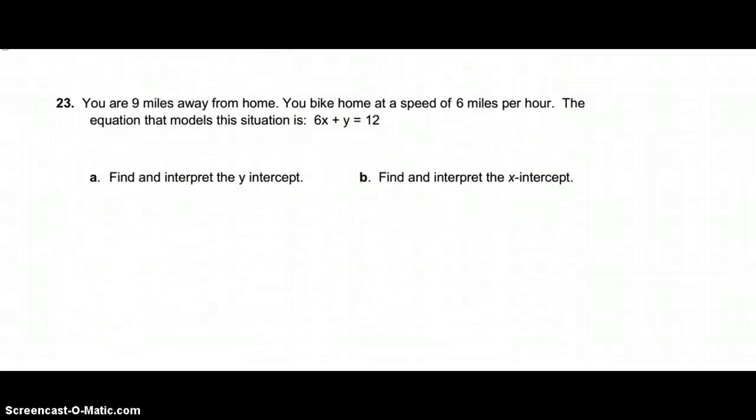23. You are 9 miles away from home. You bike home at a speed of 6 miles per hour. The equation that models this situation is 6x plus y equals 12. Well, I'm going to turn this into y equals mx plus b. So here's my y. I'm going to have to move that 6x, aren't I?